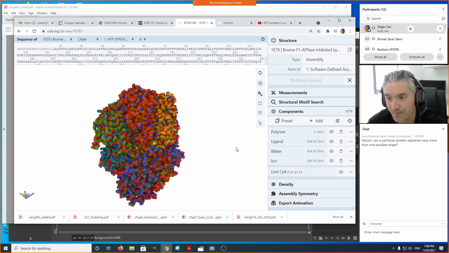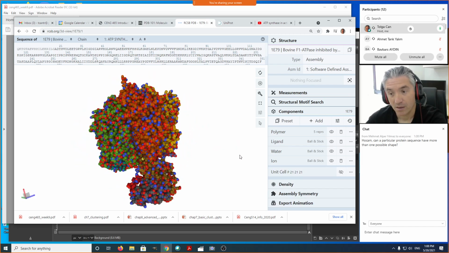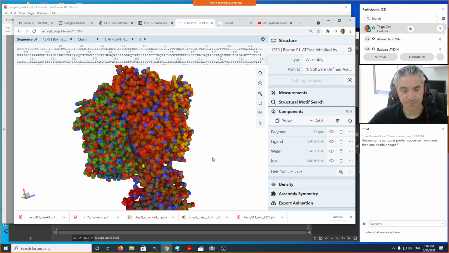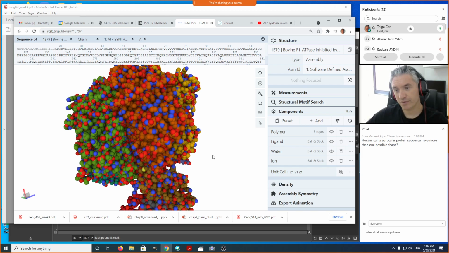If you want to see... can a particular protein sequence have... that's a very good question. So a particular protein sequence can have more than one possible shape because the shape sometimes is defined also by some external factors. For example, if you put the same protein not inside water, but inside lipid membrane, it may look different.